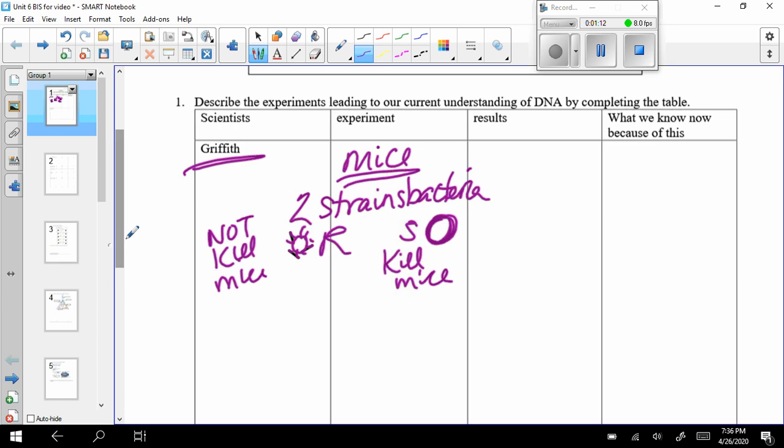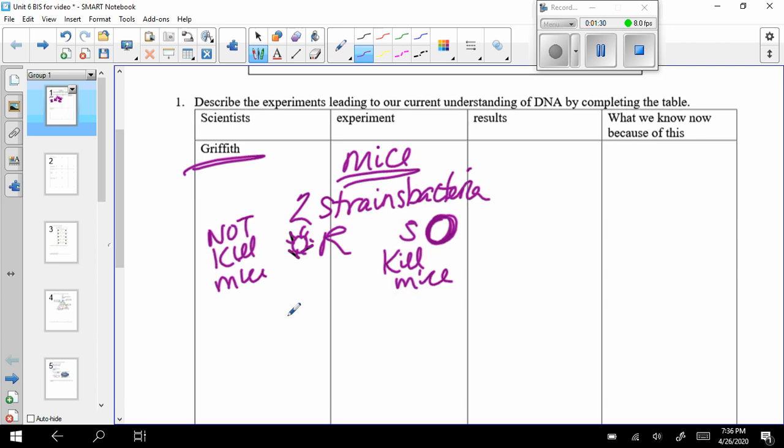And he had multiple controls. He tried the R all by itself and it didn't kill the mice. He tried the S all by itself and it did kill the mice. Then he heated up the R and it still didn't kill the mice.